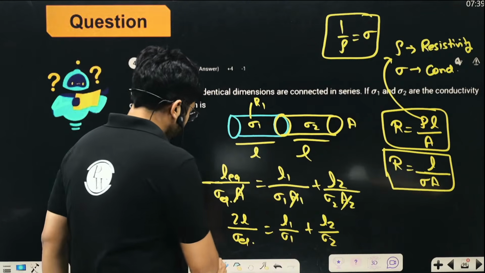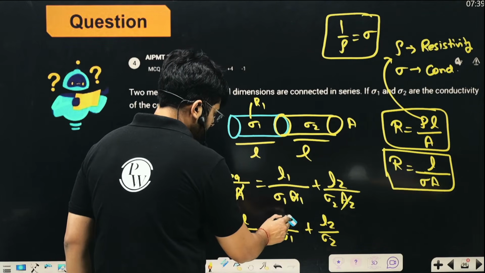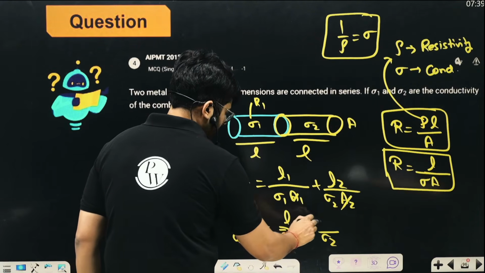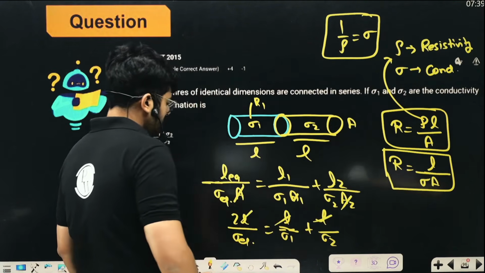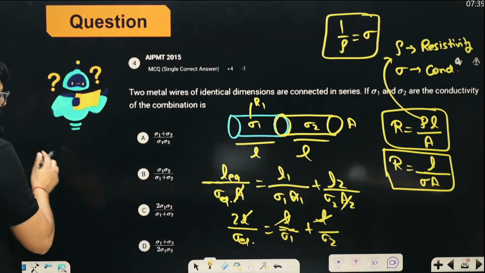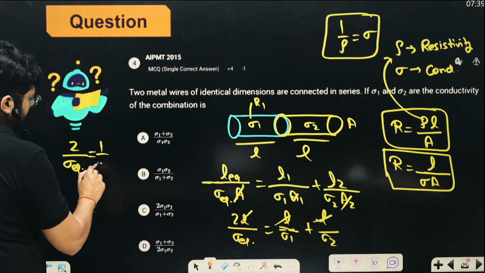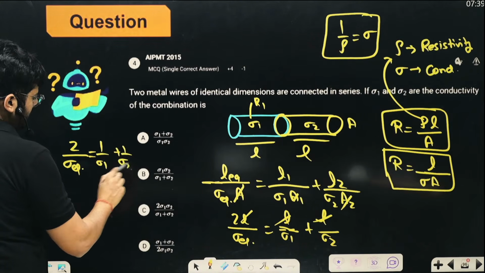L1 is nothing but L, L2 is nothing but L. This can be cancelled out. So you see that 2 upon equivalent conductivity is 1 upon sigma 1 plus 1 upon sigma 2.